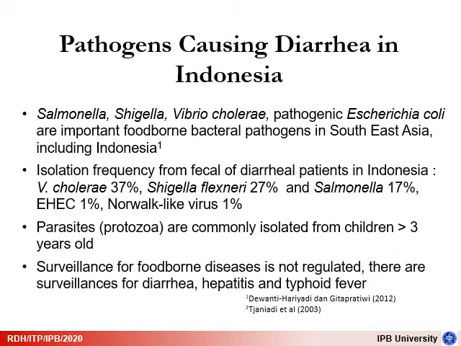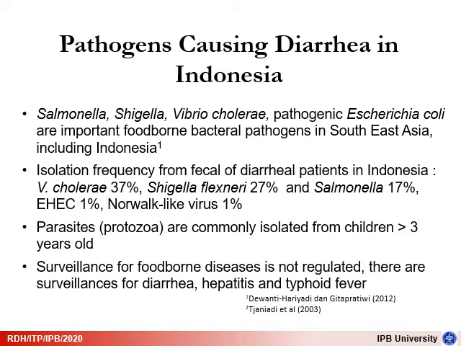Here is a summary of pathogens causing diarrhea in Indonesia. Salmonella, Shigella, Vibrio cholerae, and pathogenic E. coli are important foodborne pathogens in Southeast Asia, including Indonesia. We do not have data on real outbreaks, but the isolation frequency from feces of diarrheal patients in Indonesia is predominantly Vibrio cholerae, 37%, followed by Shigella flexneri, 27%, Salmonella, 17%, EHEC, 1%, and Norwalk-like virus or norovirus, 1%.